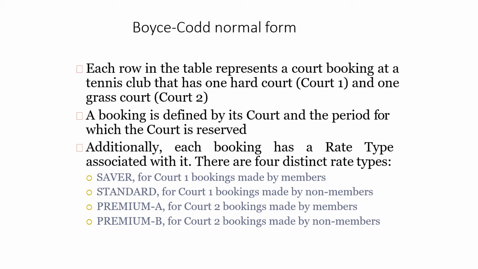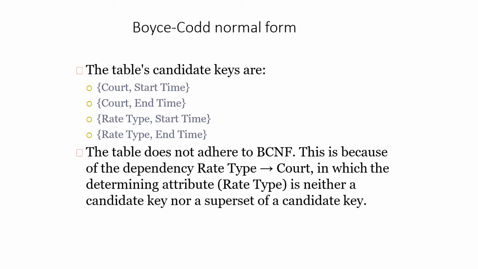There are 4 distinct rate types: Saver, Standard, Premium A, and Premium B. For this table, the candidate keys are court and start time, court and end time, rate type and start time, rate type and end time.